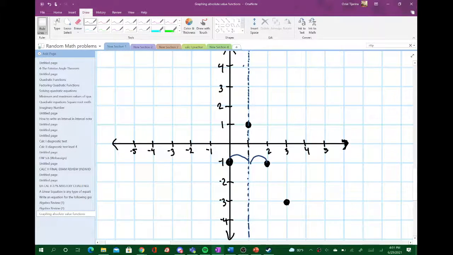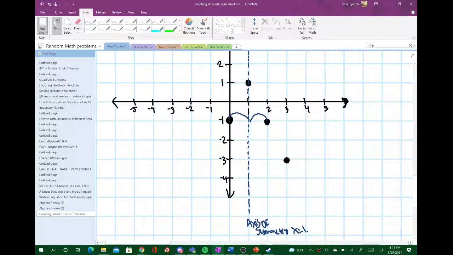And then at x equals 3, we have a reflection again, going 1, 2 units.